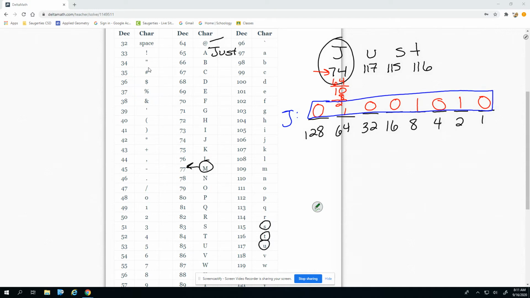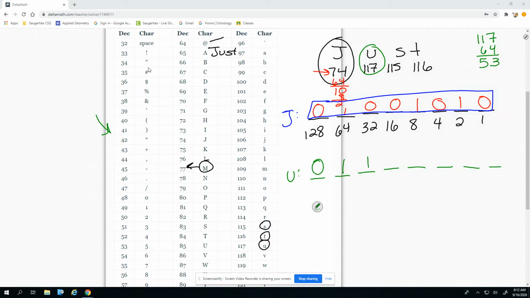So for U, for all of these letters, the capitals and the lowercase letters and the numbers, the table only goes up to 127. So we're always going to have a 0 here unless we were doing one of those special characters. For the 117, which I'm going to write on the side here, I have a 64.